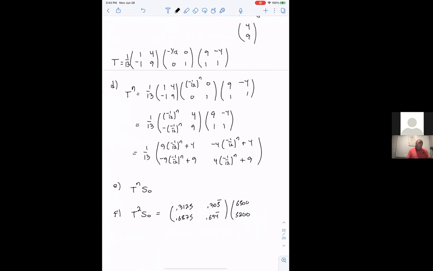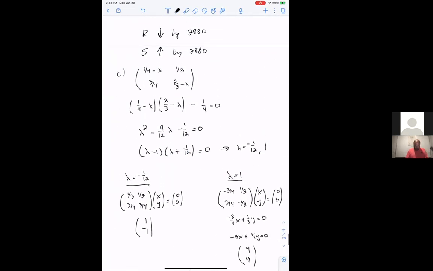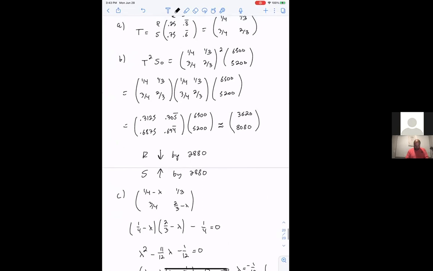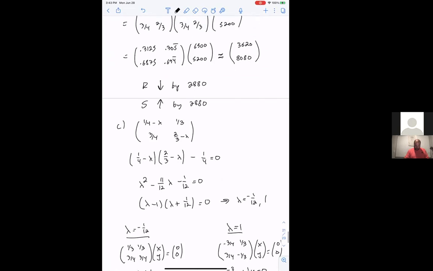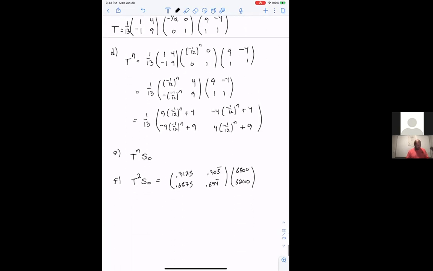And these numbers certainly look familiar from above. 0.3125, 0.6875, 0.305 bar. Hello, they're wrong again, and I'm right. Anyways, G. Find the long-term number of customers buying from R, T infinity.